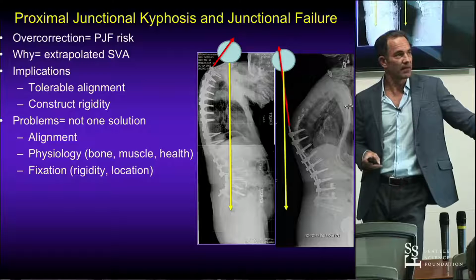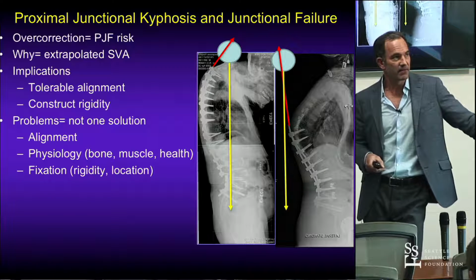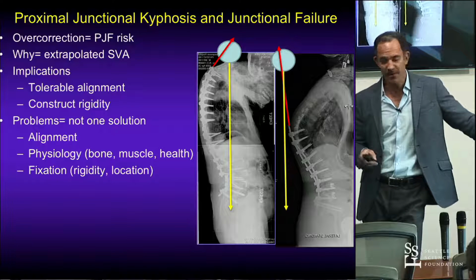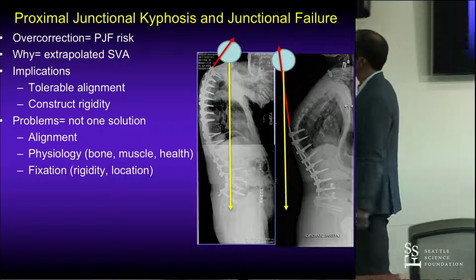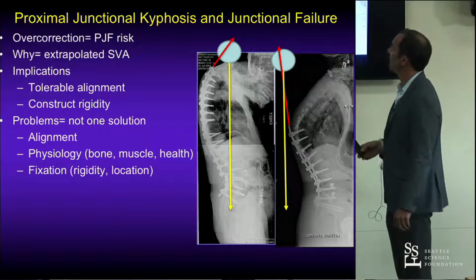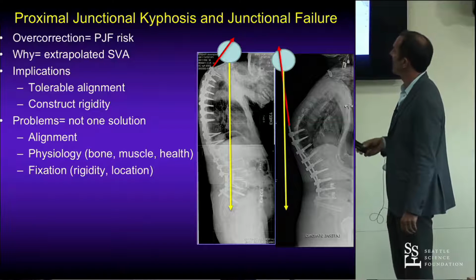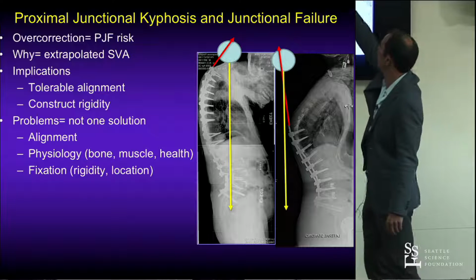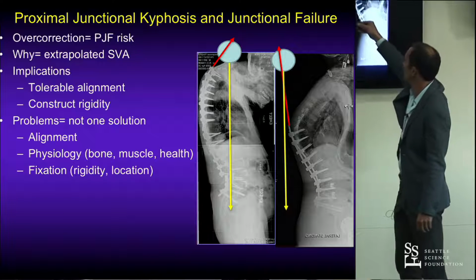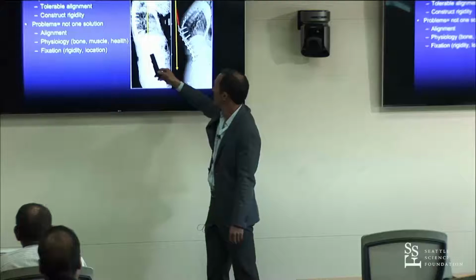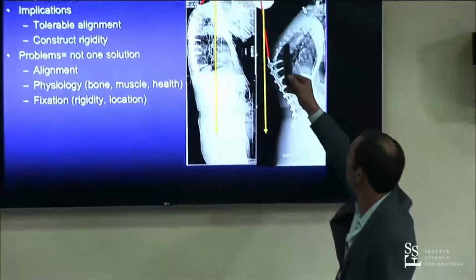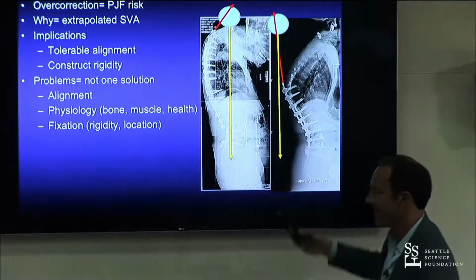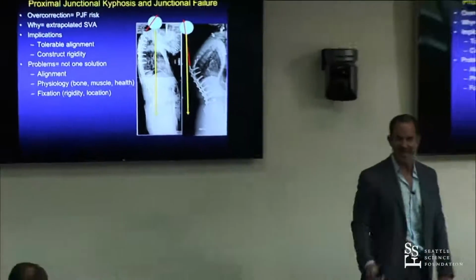So if we look at junctional failure, I think this explains what's happening with these patients. If I extrapolate with these two cases of PJK or PJF where the head would be, if I take what these forces look like, maybe this would be a sustainable SVA, but there's no way that patient is going to maintain that SVA.